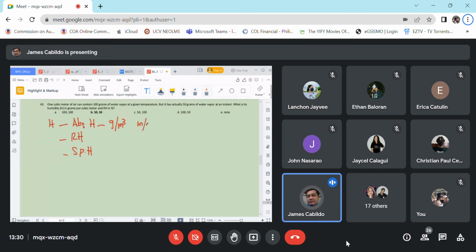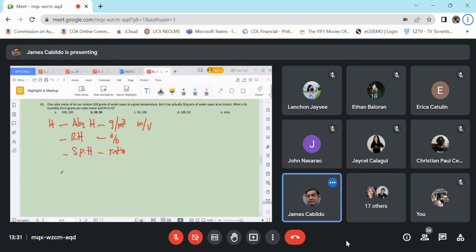Pero itong RH naman usually measured in percent o di kaya decimal. Ito naman ratio. So since ang hinahanap ay in grams per cubic meter, ang hinahanap sa atin ay yung absolute humidity. So ito yung actual na water content. It's the actual water content of a given air.